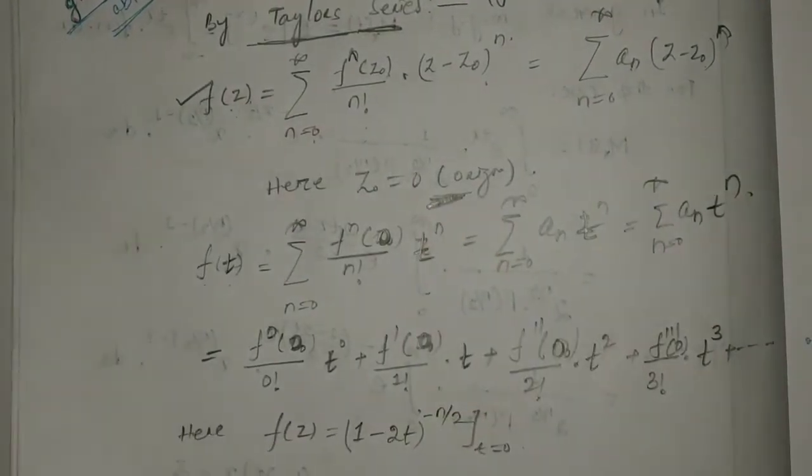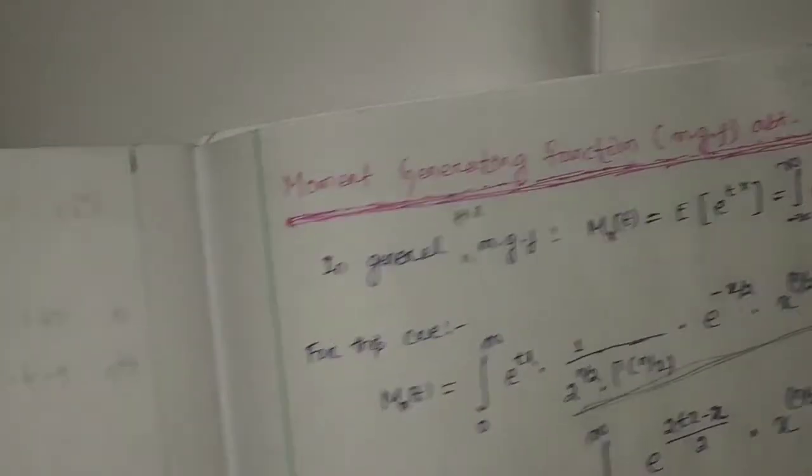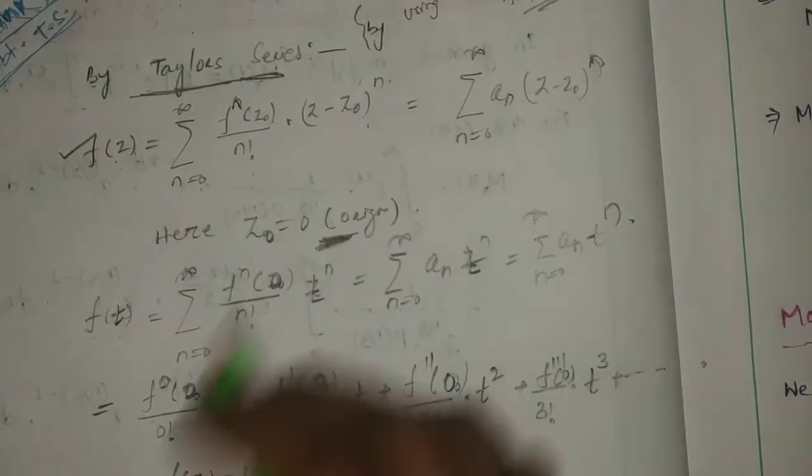We are trying to find the moment generating function about the origin, so we have to consider z0 equal to 0.